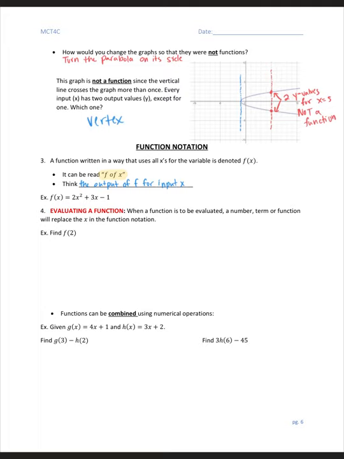So if our function example here is f of x equals 2x squared plus 3x minus 1, we're going to evaluate this function for some input. When we're evaluating a function, a number, term, or function will replace the x in the function. So if we have f of 2, we could write this as f of 2 is equal to 2, and then anywhere there was an x, we're going to replace it with a 2.